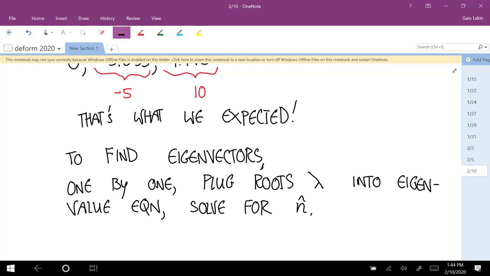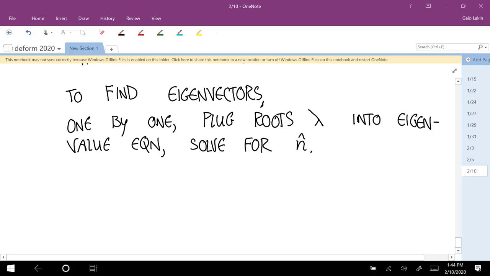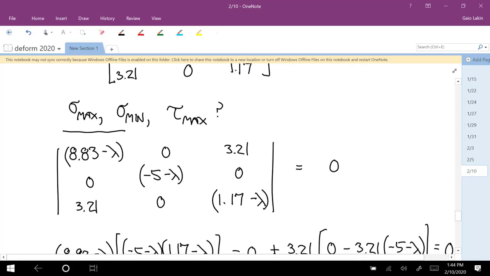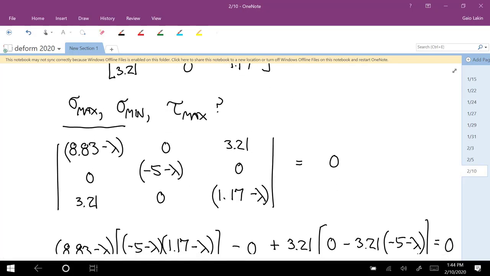So first, let's do it for lambda equals 0. So we're going to plug that into our eigenvalue equation. Well, the eigenvalue equation, if we go back to the original problem, says, so we're going to plug the 0 in for lambda. And we're going to have this matrix times that unit vector is equal to the 0 vector.